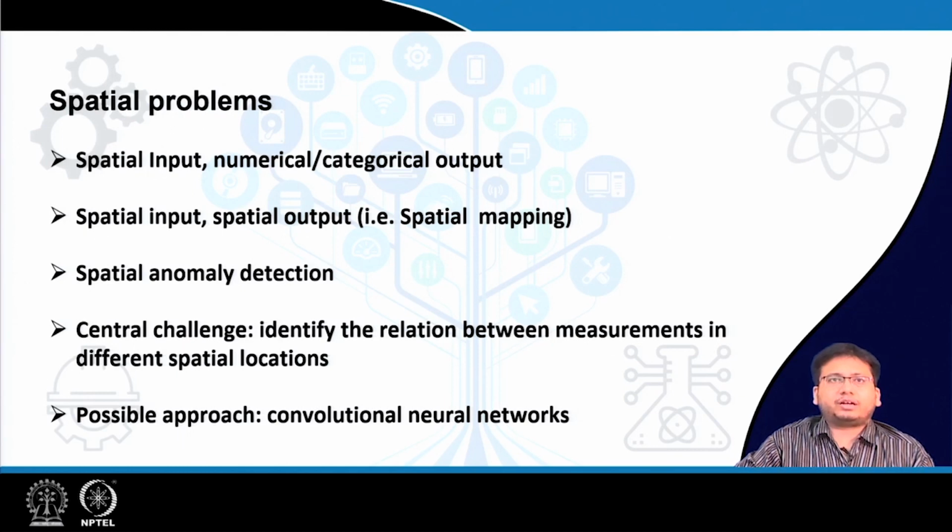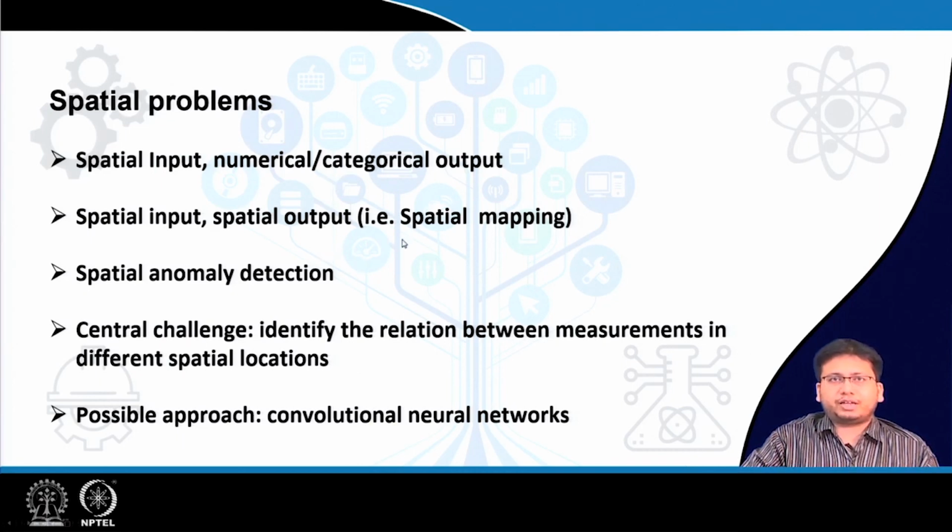Now, since the data is spatio-temporal in earth system sciences, there are spatial problems and temporal problems. In the case of spatial problems, the input is some kind of spatial distribution of a quantity or of several quantities, and the output may be just a single numerical or categorical scalar value, or it may be that the output is also some kind of spatial map.